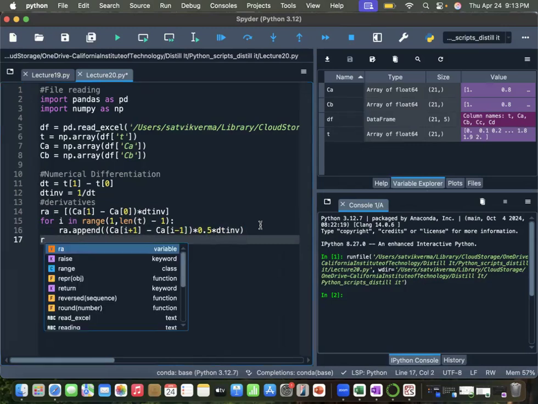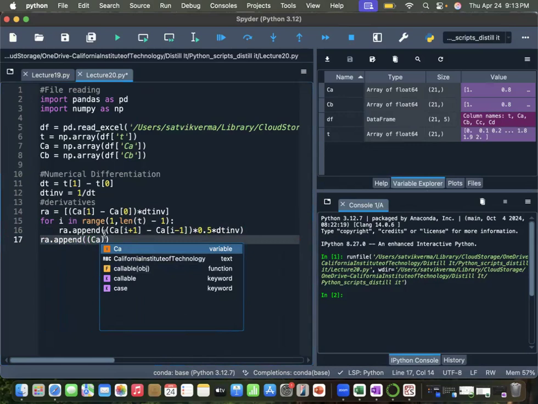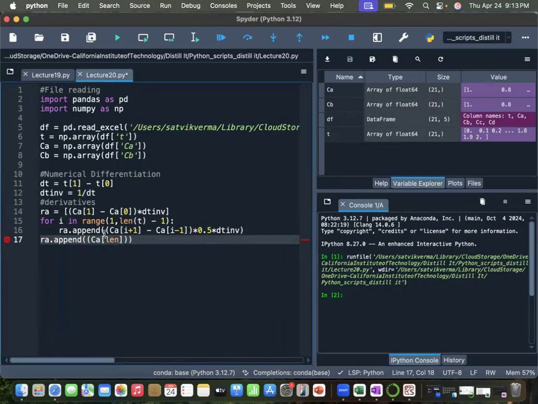And finally, the last point. Now here we use backward difference. So CA of length T minus 1, which gives you the last point, minus CA of the second last point, so you could say minus 2, times dt inverse.